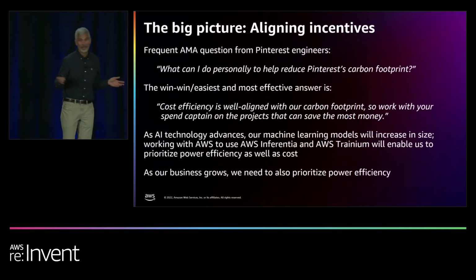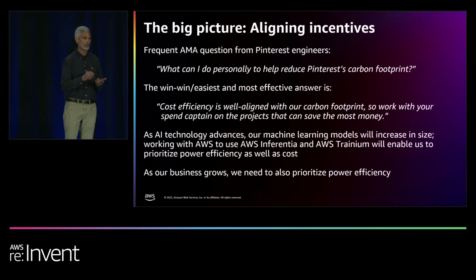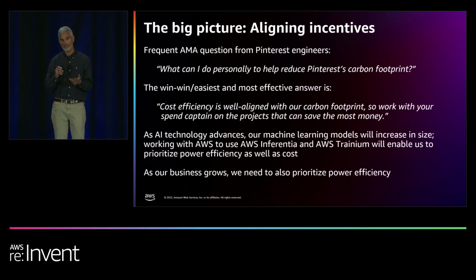I want to step back and talk a little bit about the bigger picture. My perspective is that the best way to move towards environmental sustainability is to align the incentives and metrics around cost efficiency and performance, which improves the user experience, and environmental sustainability.